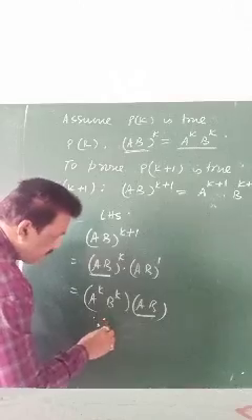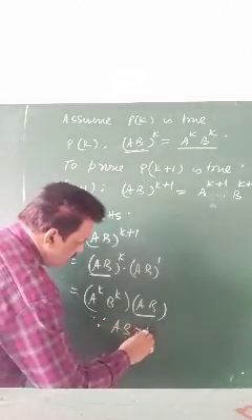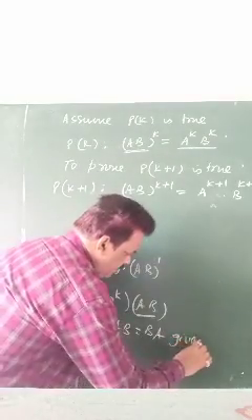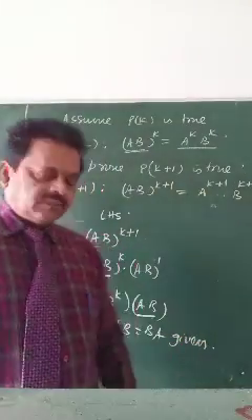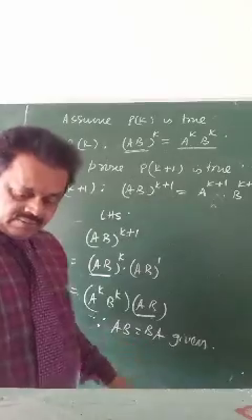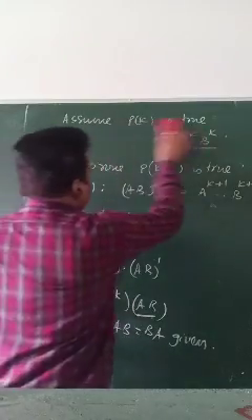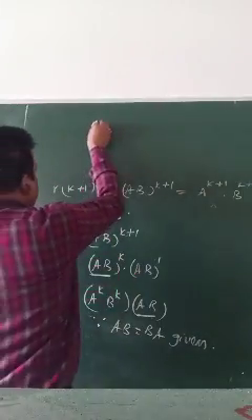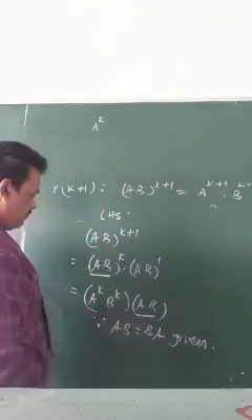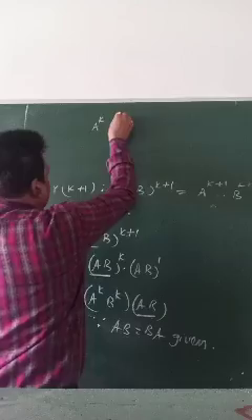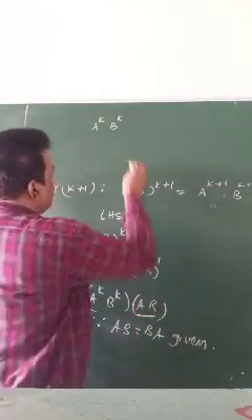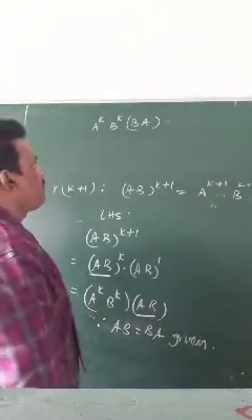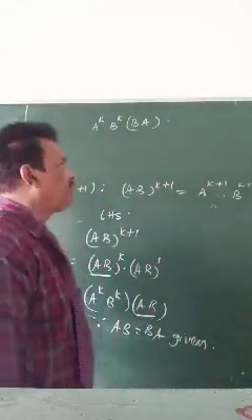Since AB equals BA is given, in place of AB you will write BA. So that will be A^k B^k BA.